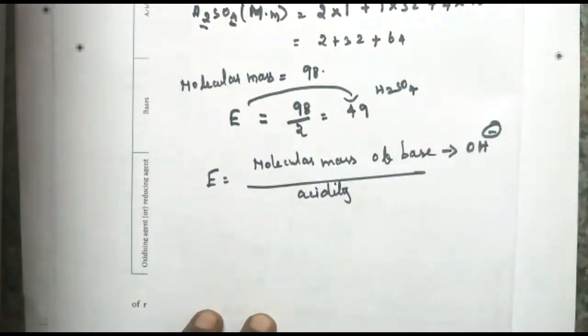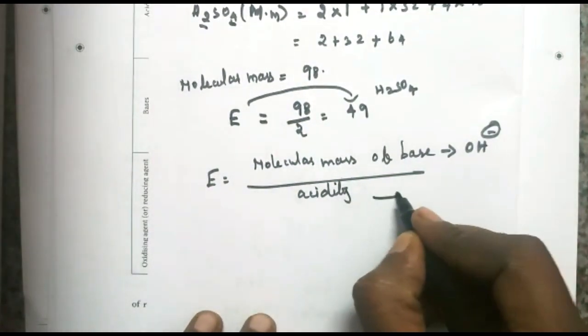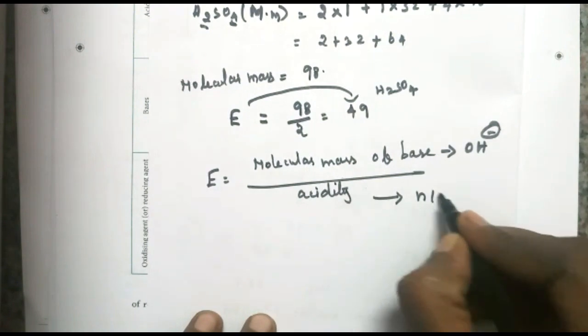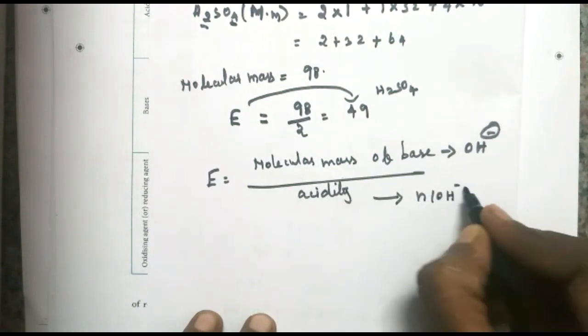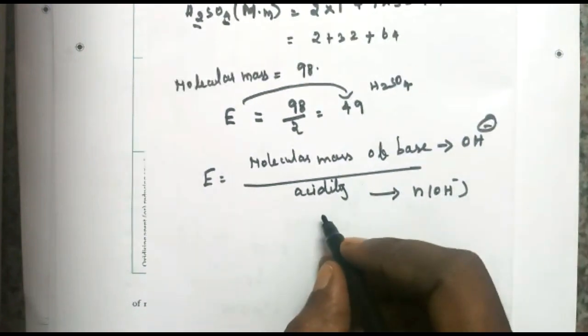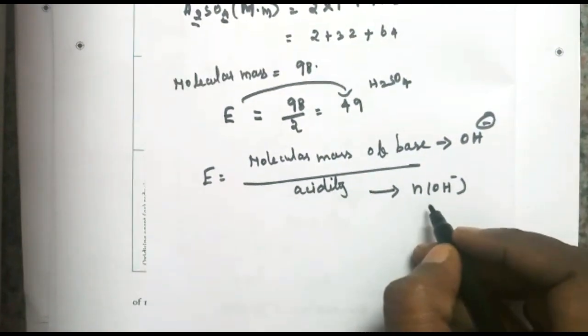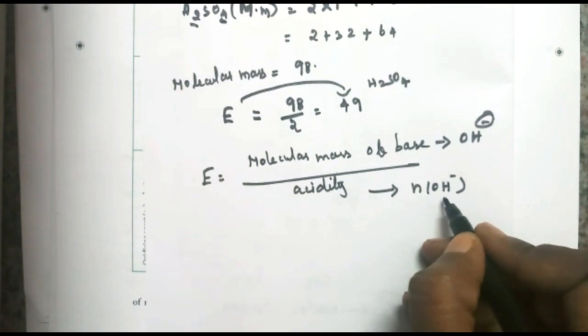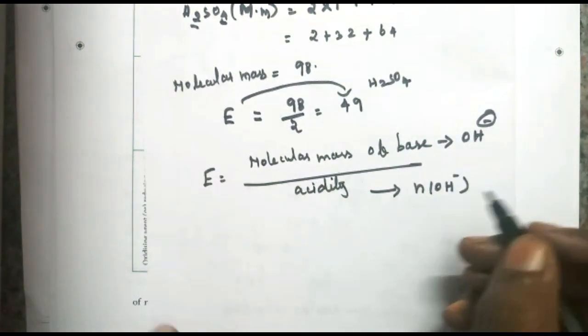What is meant by acidity? Acidity is the number of hydroxyl ions displaced from the base.